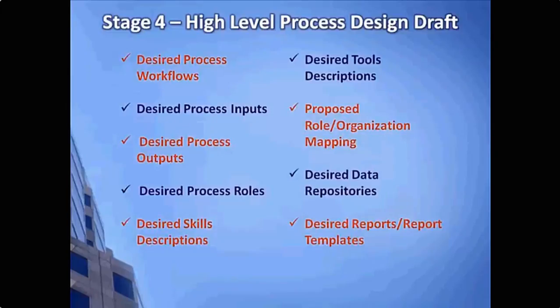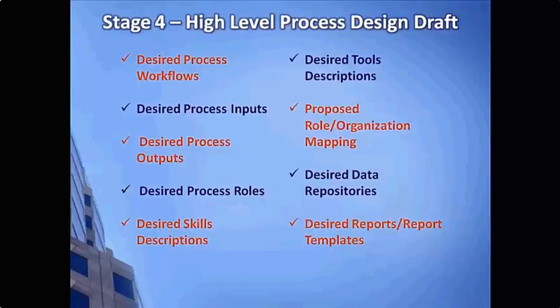On this particular slide, these are a good example of the kinds of things that you may be redesigning. Could be process workflows, inputs and outputs, roles, skills descriptions, desired tooling descriptions, role organization mapping, roles and responsibilities, maybe desired data repositories that you need to put into place, or maybe desired reports or report templates that need to be built.